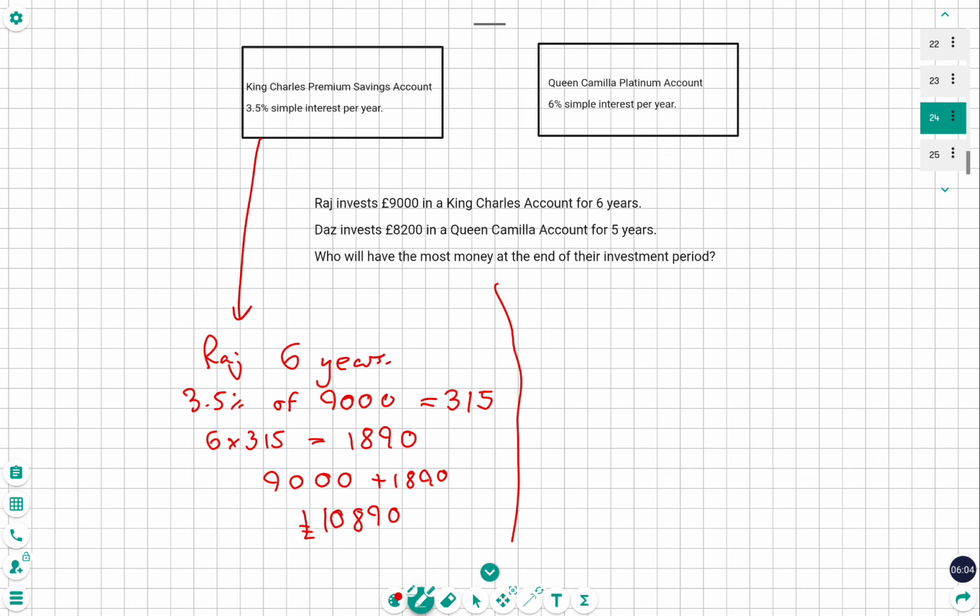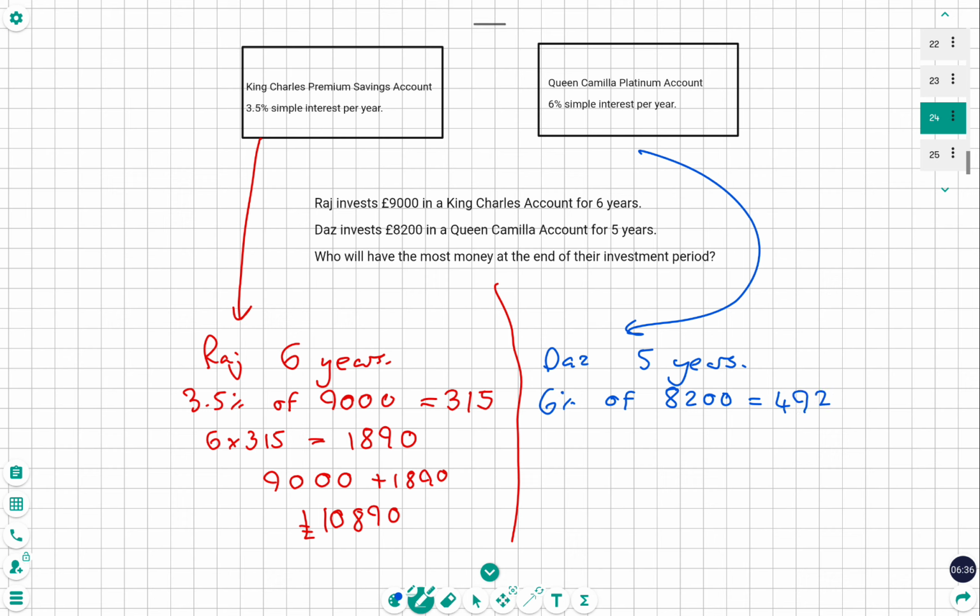Now the second and final part of the question is how much Daz gets. So Daz is using the Queen Camilla account. Daz is going to invest for 5 years, and we do the same again. So you can see it's effectively the same question again, just with different numbers. So 6% of 8,200. We do that using any method that you choose, and then we get £492.